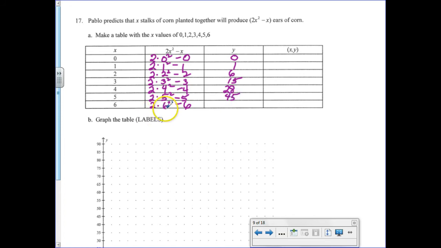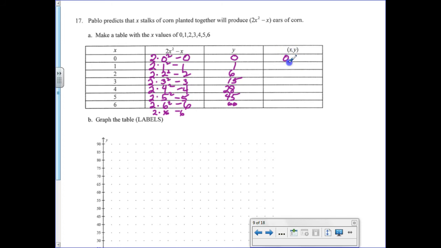And last but not least, 6 squared is 36. If you need to write it down, go ahead. 2 times 36 is 72, and minus 6. 72 minus 6 should be 66, I think.